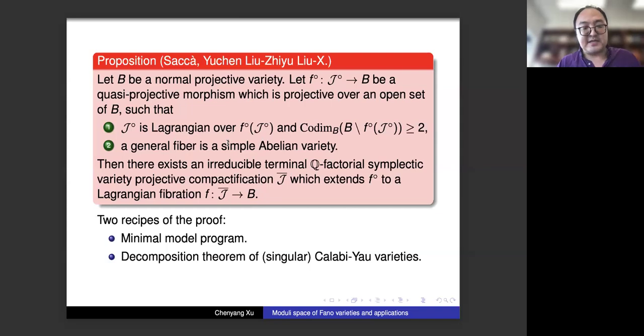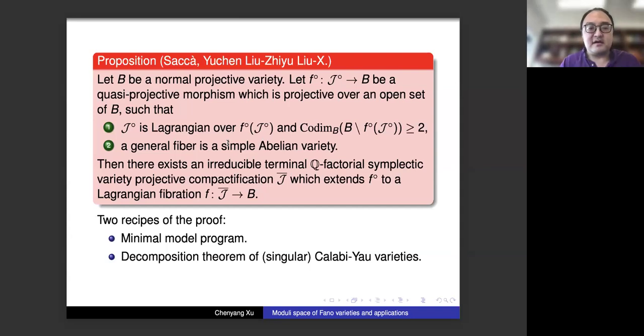basically proved by Saccà, Yuchen Liu, Zhiyu Liu, and myself, is that if I have a projective normal variety B, and I have some quasi-projective map from something I call J0 to B, and I assume that J0 is a Lagrangian fibration, and J0 is quasi-projective, so the image might not be the entire B, but I assume the codimension of the complement of the image is at least 2.